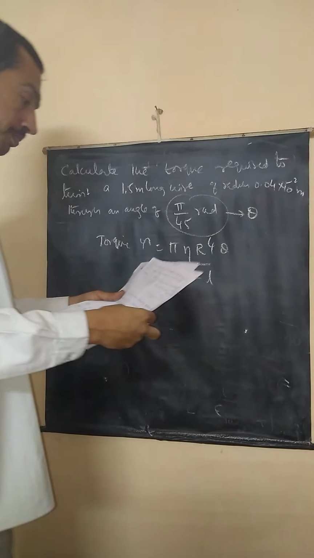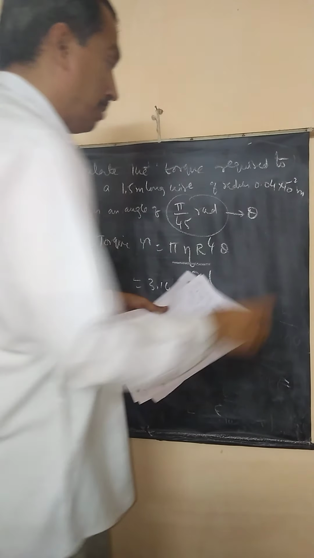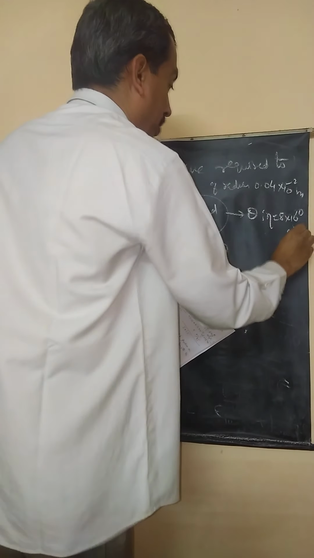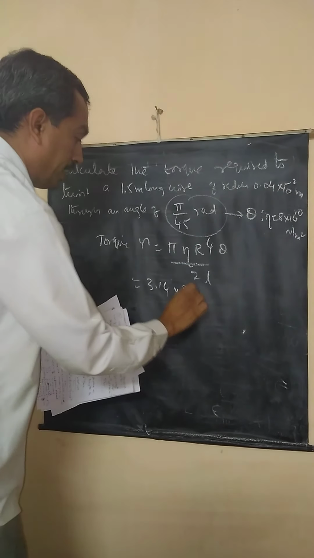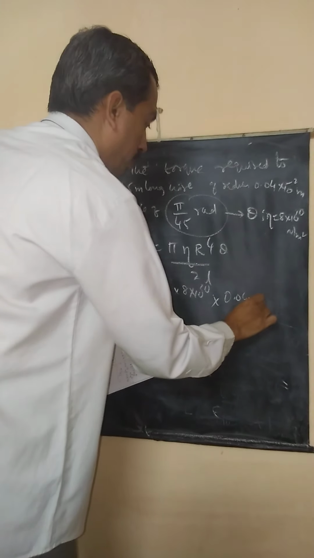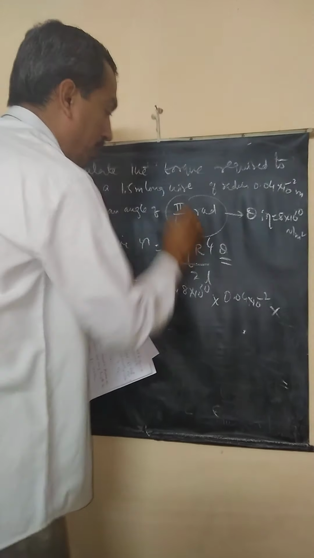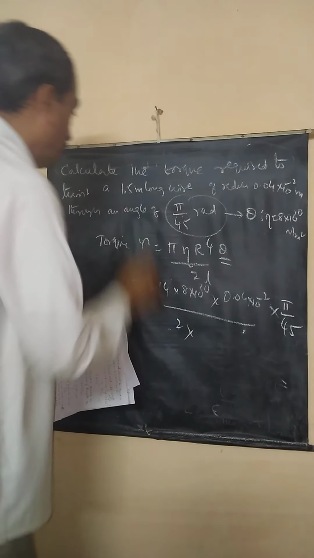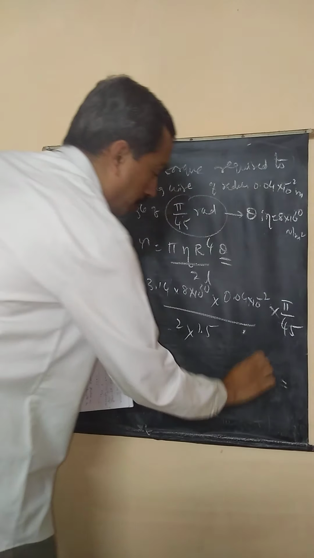Rigidity modulus is given 8 into 10 power 10 Newton per meter square. Radius 0.04 into 10 power minus 2. Theta is pi by 45 radians, right as it is. Okay. 2 into length 1.5. So solve this.